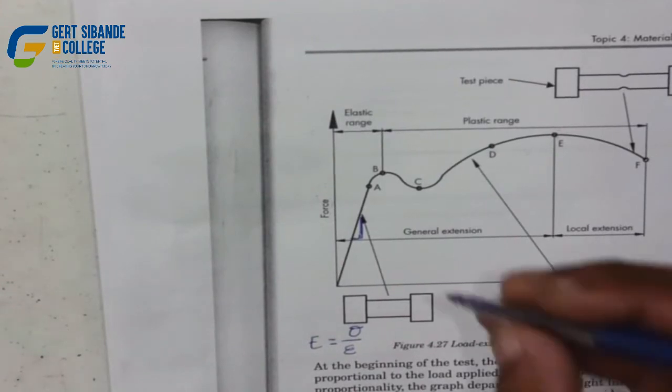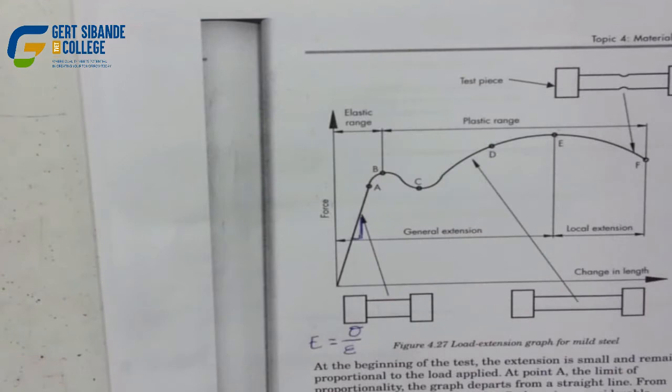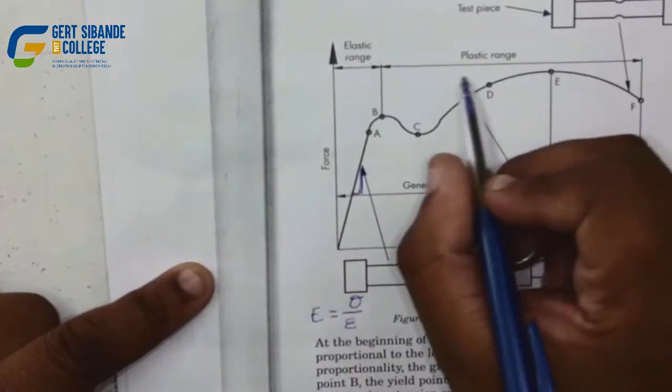When you stretch or pull the material under elongation, or under deformation, because the material has to deform as it is pulled from point 0 to point A, and after that elastic deformation, it's no longer going to go back, it's going to be permanently set. So it's going to go from the elastic stage to the plastic region.